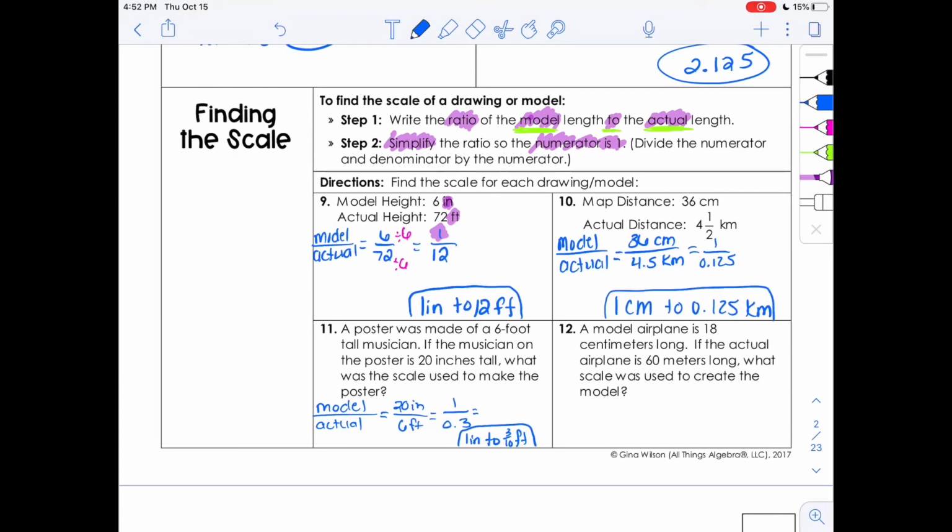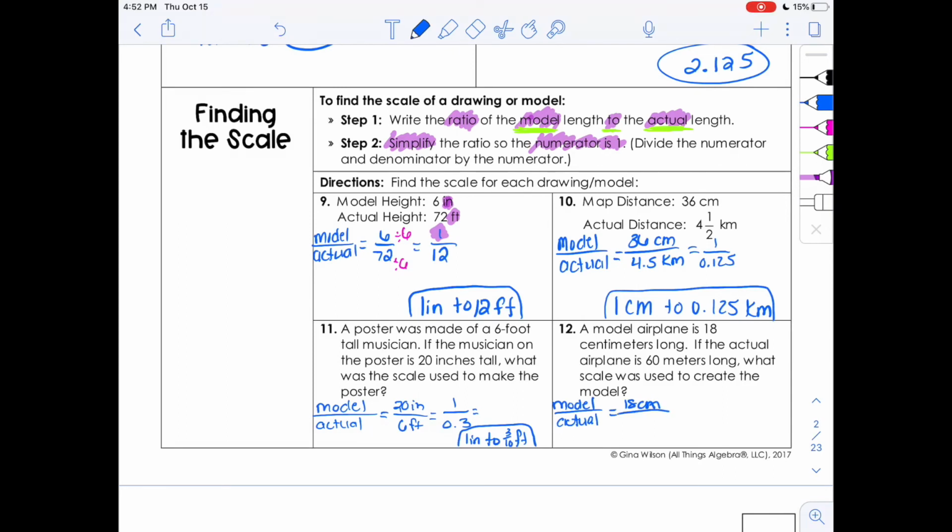Number 12, a model airplane is 18 centimeters long. If the actual airplane is 60 meters long, what scale was used to create the model? So again, model over actual. And this one actually uses the word model: airplane is 18 centimeters.